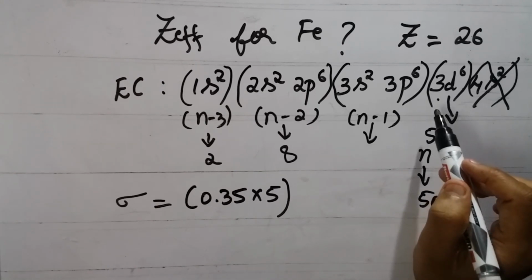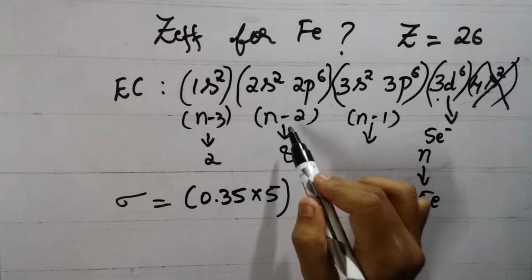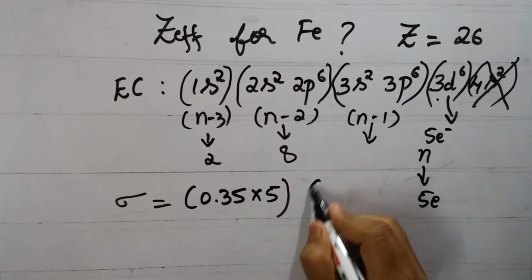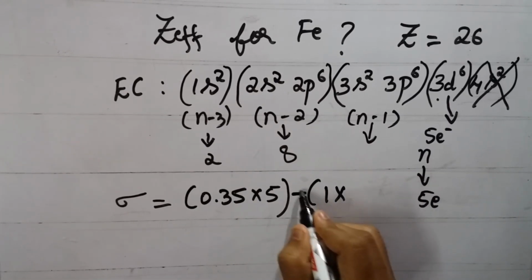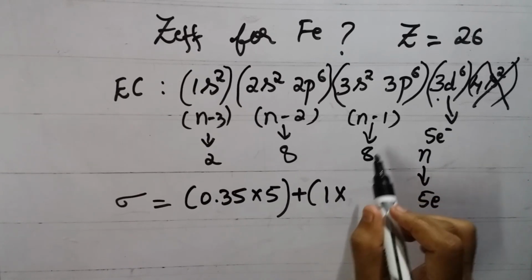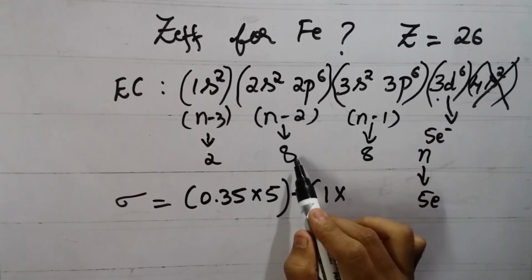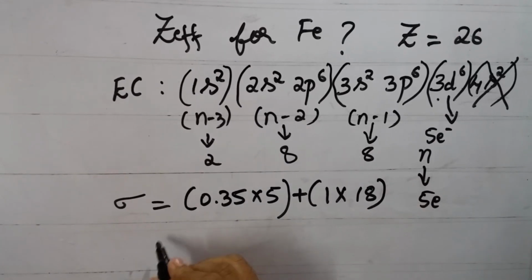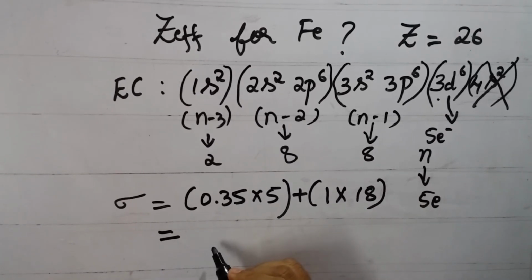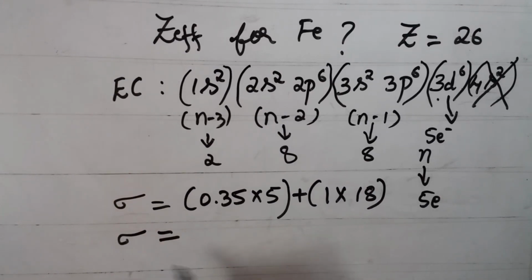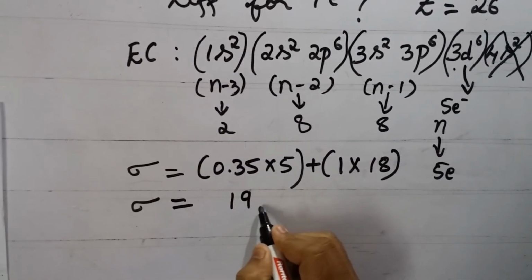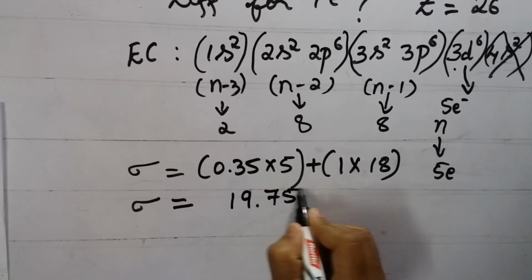According to the d and f rule, we know that n minus 1, n minus 2 and n minus 3 would have the value 1, and the total number of electrons is 8 plus 8, 16 plus 2, it's 18. Now the sigma value turns out to be 19.75, as I have already calculated.